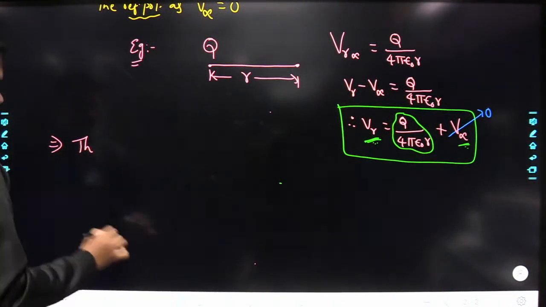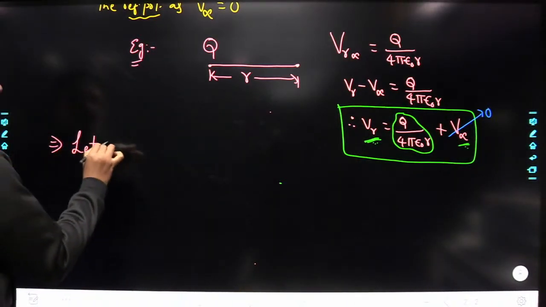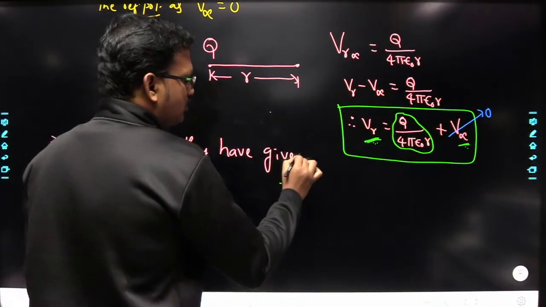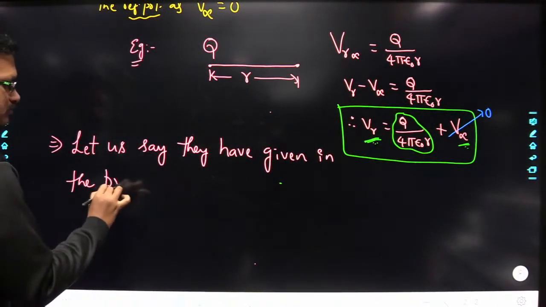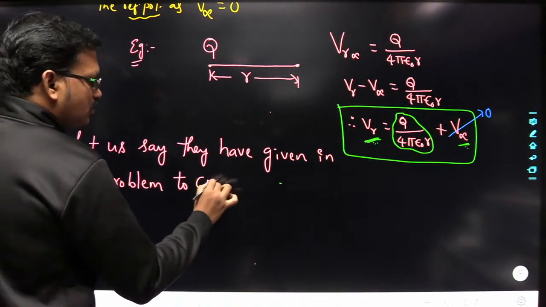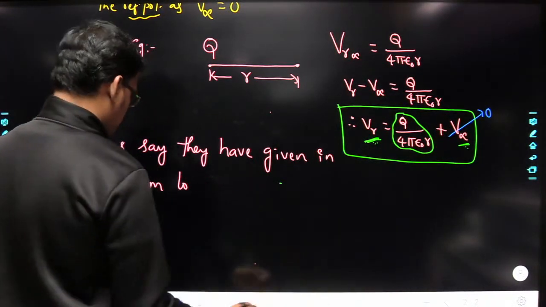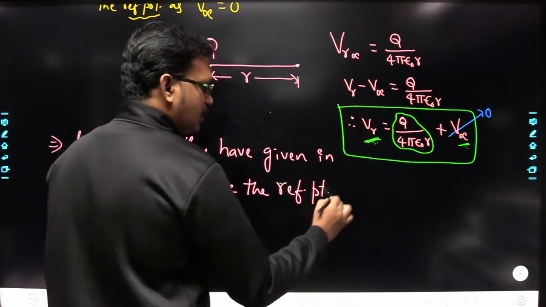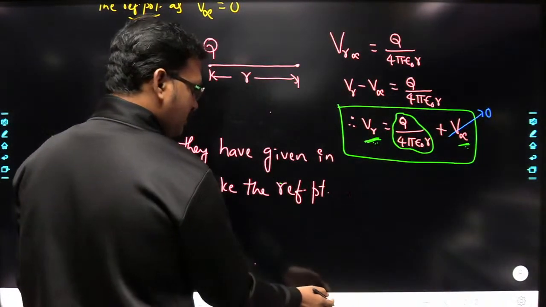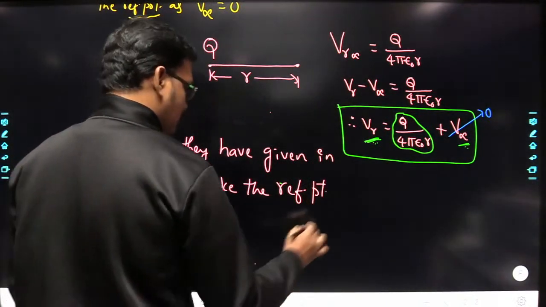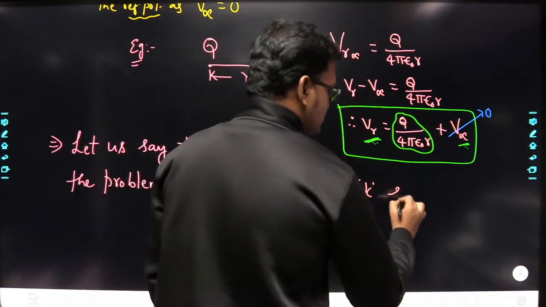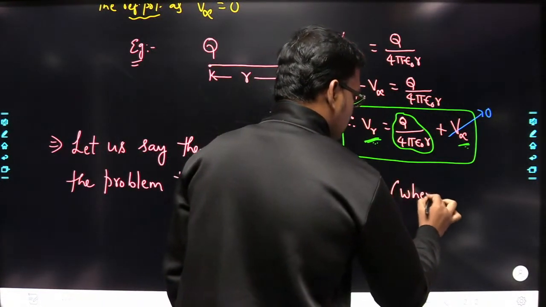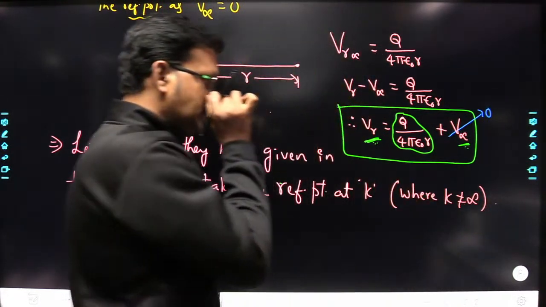Let us say they have given in the problem to take the reference point as some K, at K, where K is not equal to infinity, understood.